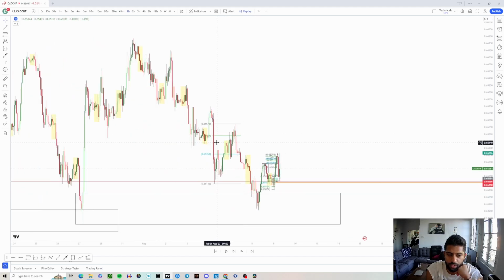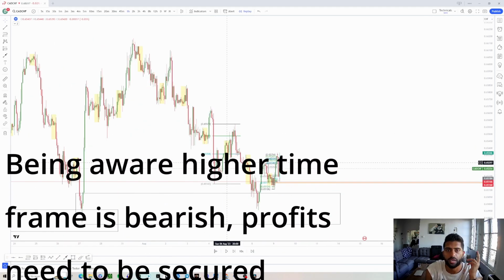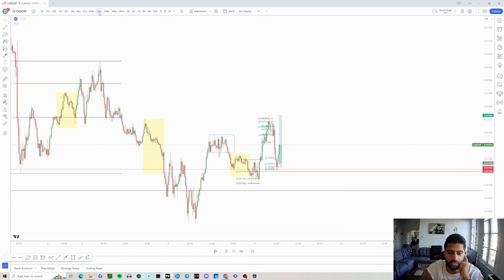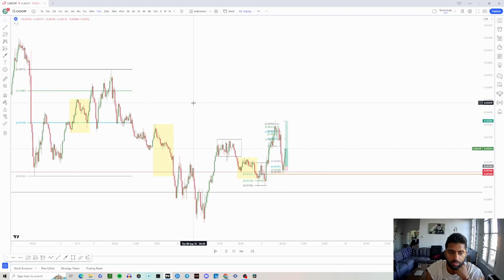So want to be careful here, just because in higher time frame we are in a downtrend. So just taking profits at where, you know, price could tap back into supply to maybe push it back down. So there's this, and then let's see here. So price has mitigated that zone.